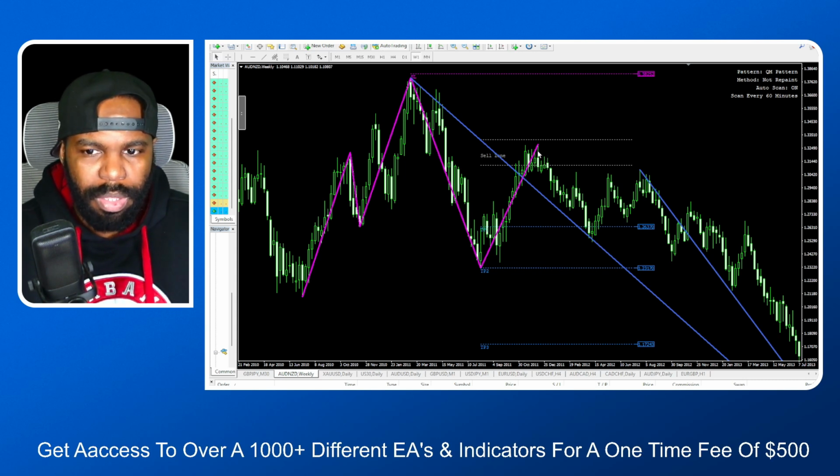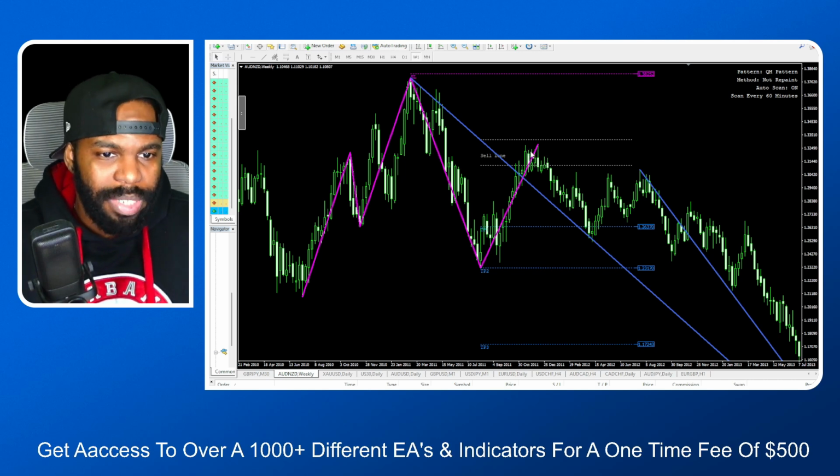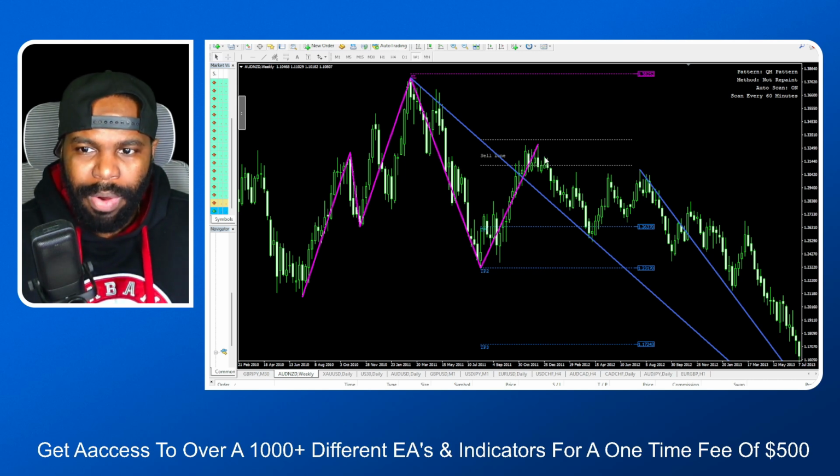We want to see a bearish engulfing. In this case, we are looking for sells. We want to look for a bearish engulfing, or an evening star, or some type of candlestick pattern on the lower time frames. Once we see that pattern and it happens in the sell zone, then we can look to take that trade to the downside. And as you can see right here, price came down.